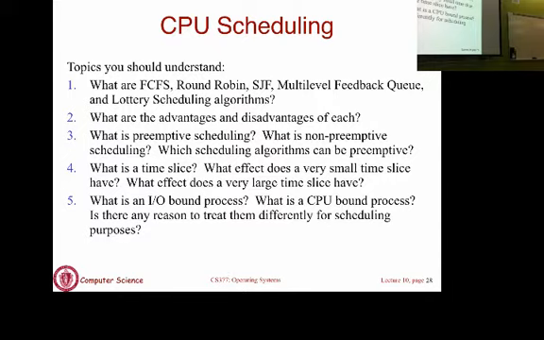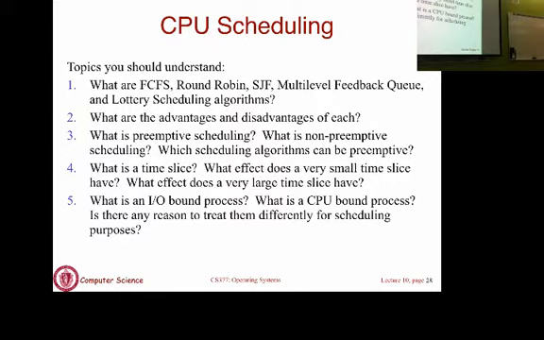You don't want to make it too small and have too many context switches and pay a lot of overhead. Neither do you want to make it too large and too coarse-grained, where you're going to have long wait times. So typically, you have time slices in the order of a millisecond to tens or hundreds of milliseconds. So that's a rough range.